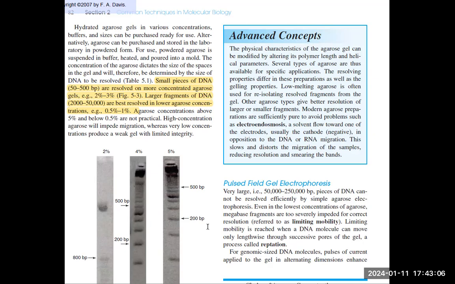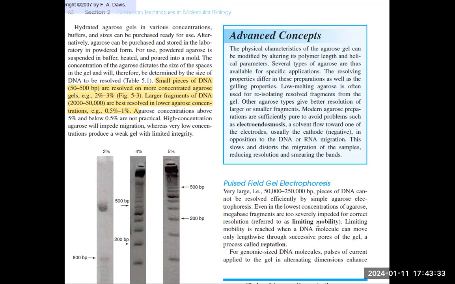There are also instances that you need to resolve very large pieces of DNA, and resolving them in a simple agarose gel is not efficient. Why? Because they cannot migrate. That's known as limiting mobility.